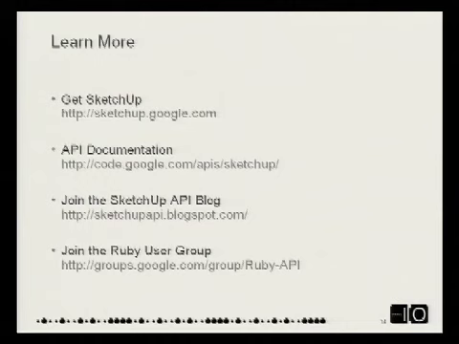So if anyone wants to record this stuff here, here's a few spots that you can learn more about this stuff. You can get SketchUp itself at sketchup.google.com. The free version is available, as I said, for both Mac and PC. And you can also get the pro version of SketchUp as an 8-hour trial.